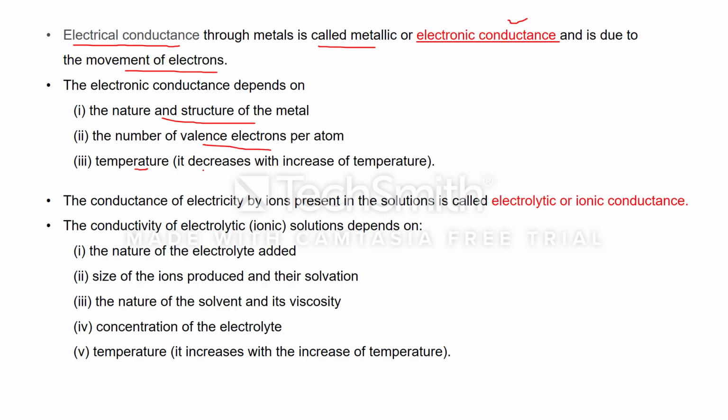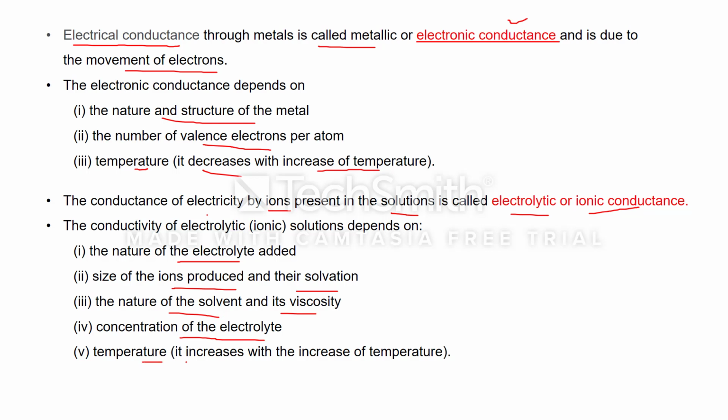We already discussed it decreases with increase of temperature. In another way, the conductance of electricity by ions present in the solutions is called electrolytic or ionic conductance. And this ionic conductance depends on the nature of electrolyte added, size of the ions produced and their solvation, nature of the solvent and its viscosity, concentration of the electrolyte and temperature.